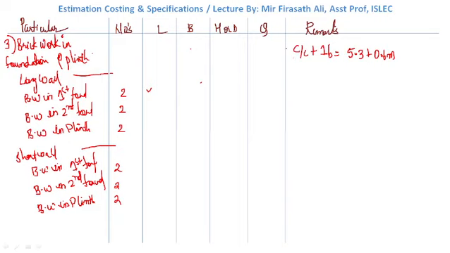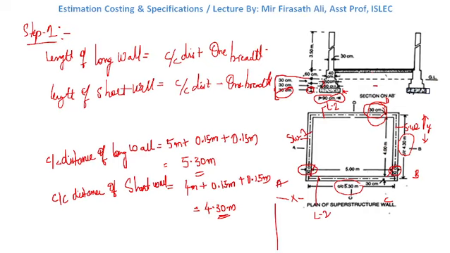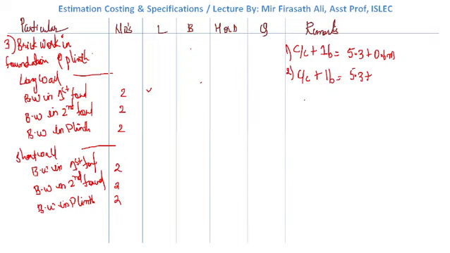Similarly, for the second foundation, center to center plus 1 breadth, 5.3 plus, what is the width of the second foundation? It is 50 centimeters, so we write it as 0.5 meters.